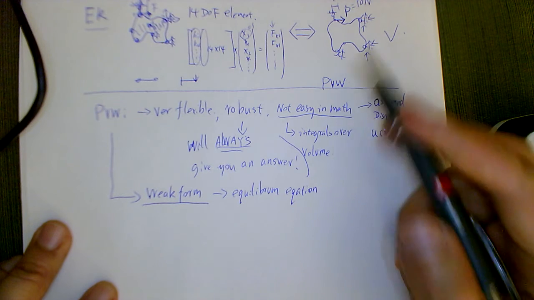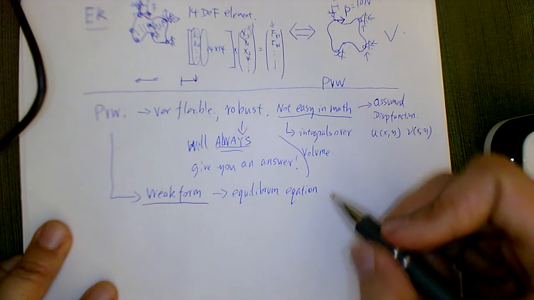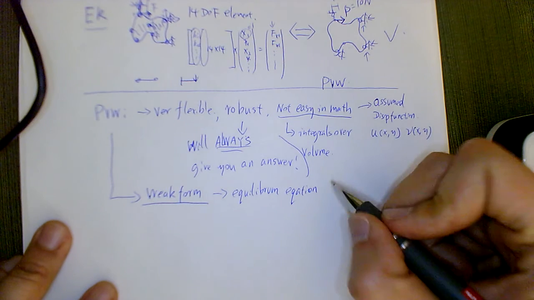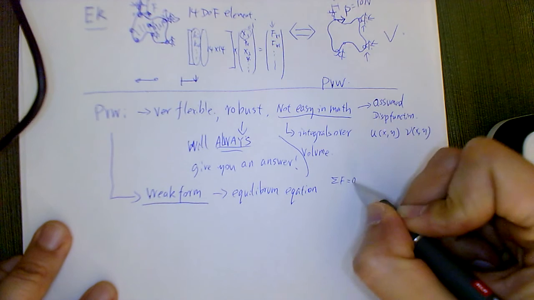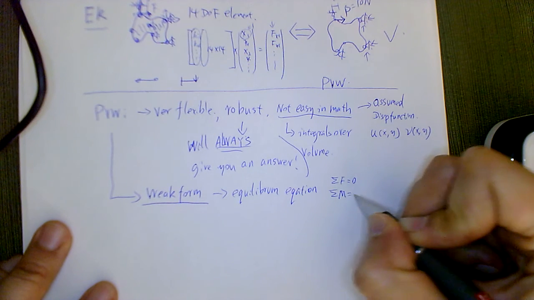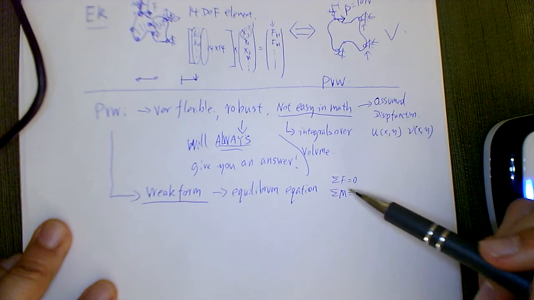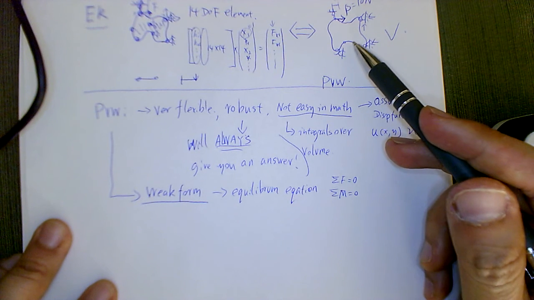For a body like this to satisfy all the equilibrium equations, that means at every single point in this body, you have to have sum of F equals 0 and sum of M equals 0. Teeny tiny little bit, like you cut anything out, this needs to be satisfied continuously across everything.